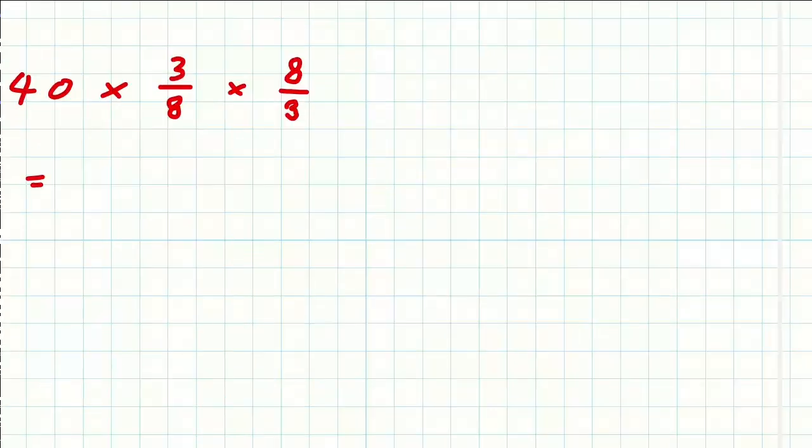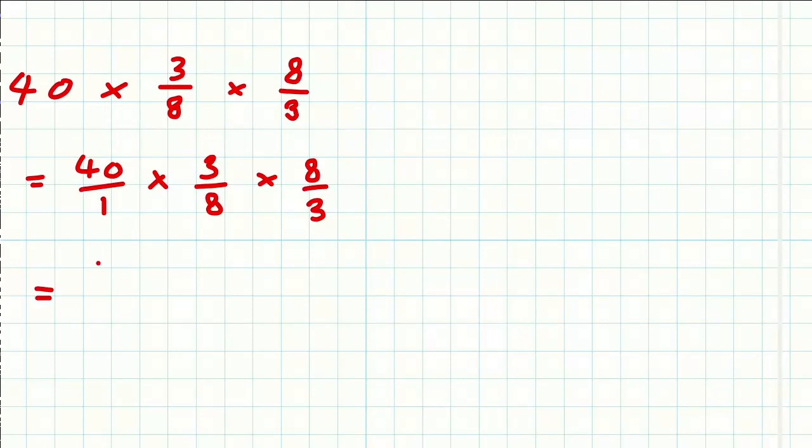When we flip a fraction like 3/8, the fraction we get is called the reciprocal. For example, 8/3 is the reciprocal of 3/8. Let's confirm that multiplying by the reciprocal takes us back to the original number. And we're looking to get an answer of 40 here. We're going to write this as one large fraction. So first of all, we'll make 40 into 40 over 1.